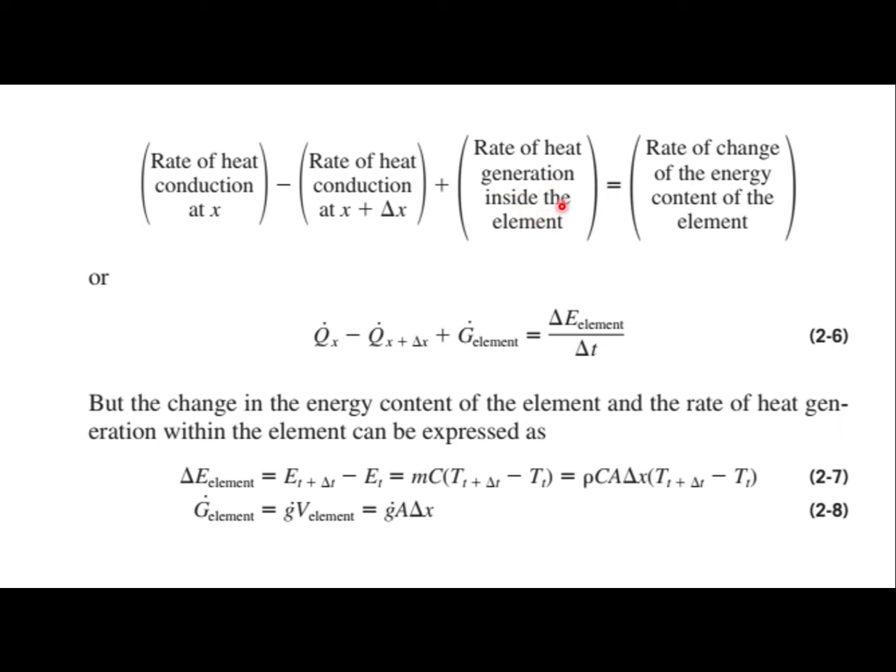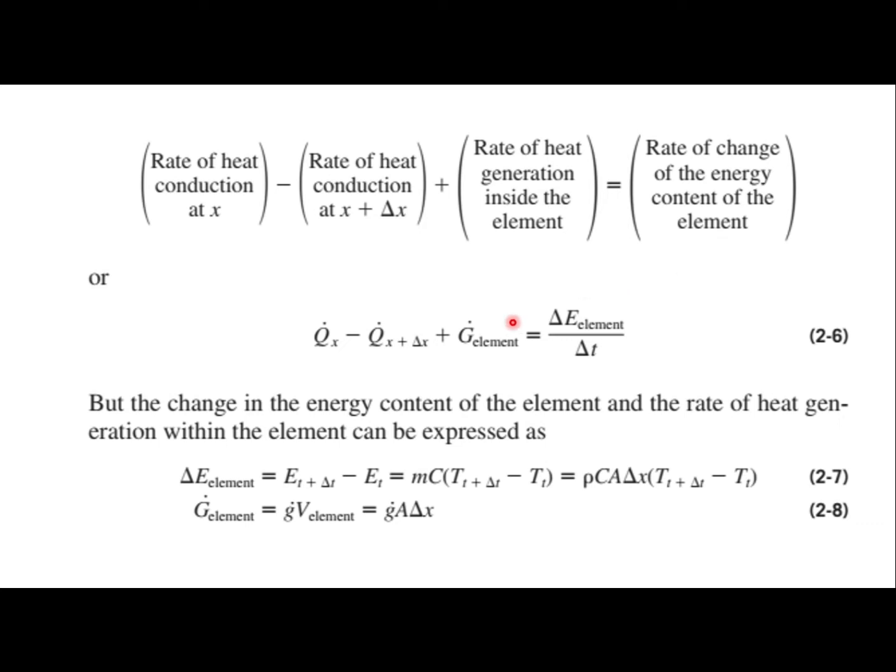For the sake of convenience, we will neglect this part because there is no heat generation. So that would be equal to the net rate of change of the energy content of the element. This is the general energy balance equation.